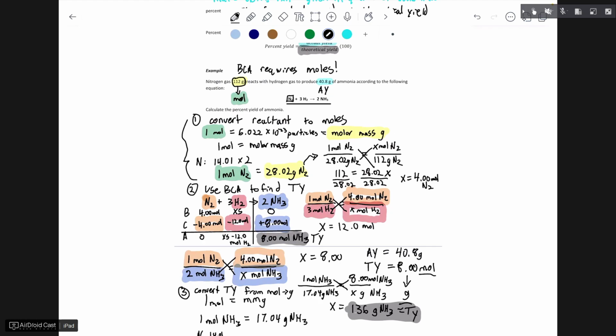I think it's good for you to get that practice. Make sure you can answer any question I could theoretically ask you from that BCA. And then step 3, that's really just another mole conversion. So if you know how to do mole conversions, if you can do those quickly, it basically eliminates half of the work that I just did on this page. But we are spending some time working through it together to make sure you guys are prepared.